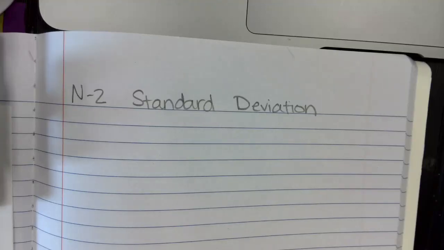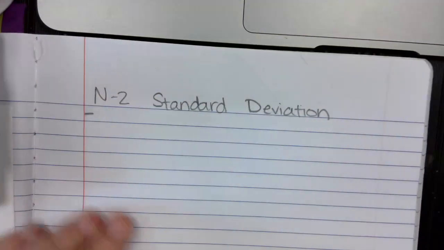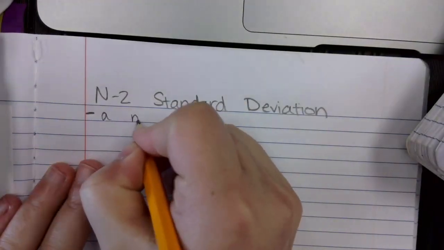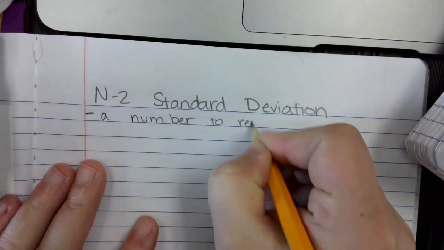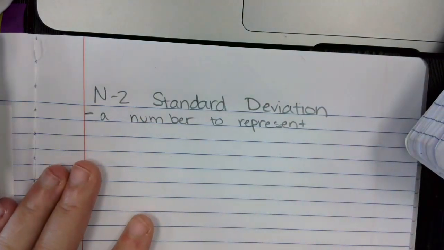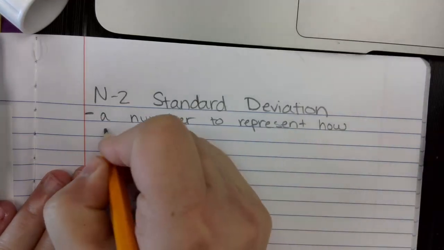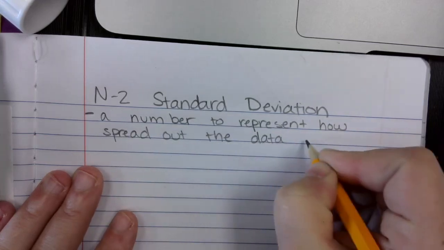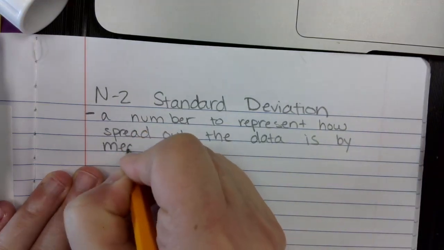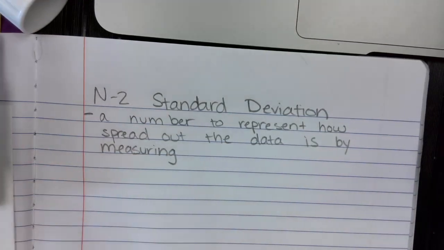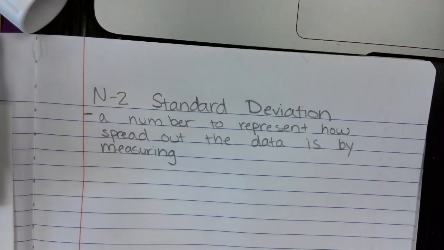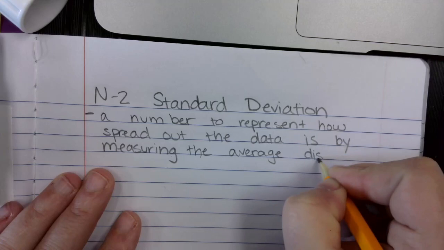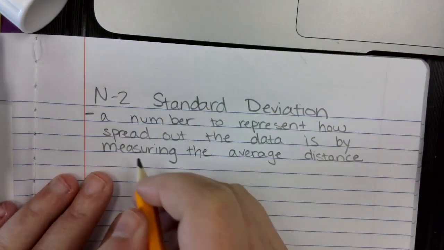Definitions and ideas. Okay, so first off, a standard deviation is a number to represent how spread out the data is by measuring the average distance each data point is from the mean.